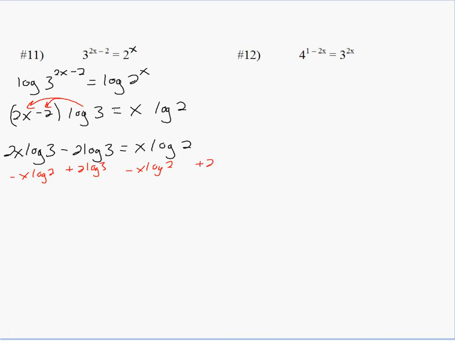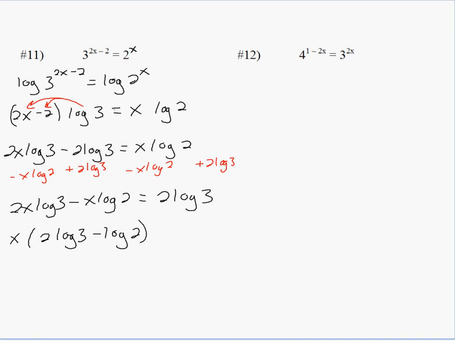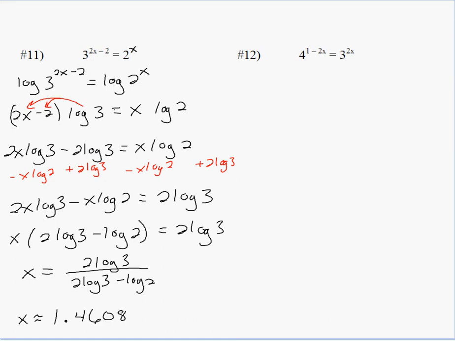I'm going to add 2 log of 3 to both sides to get my terms without x's on the right. Now on the left, I can factor an x out of those terms, which is going to enable me to get x by itself by dividing both sides by 2 log of 3 minus log of 2. Then you got to put that in your calculator.